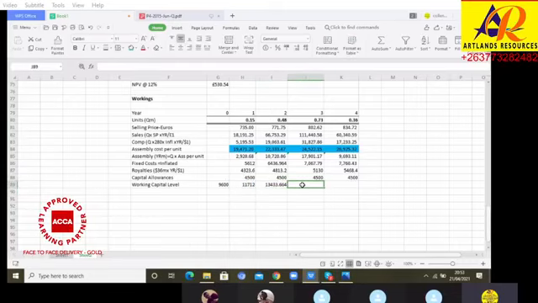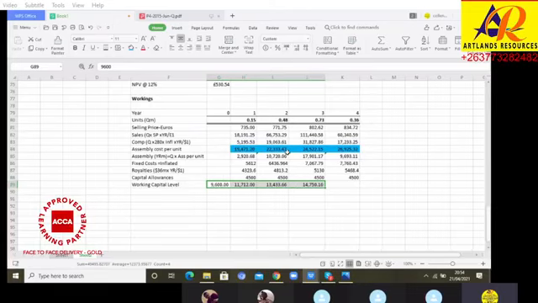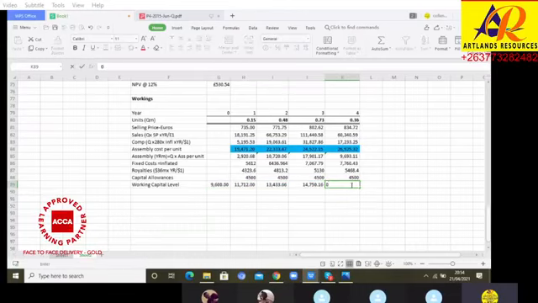In year 3, it's 1.098. So equals this times 1.098. These are your inflation figures, and these are your working capital figures. When the examiner says working capital will be recovered at the end, they mean your level in the final year is 0. Put 0 in the final year.